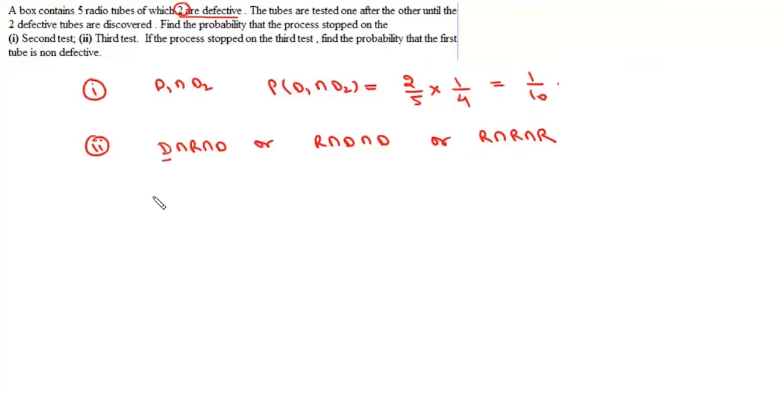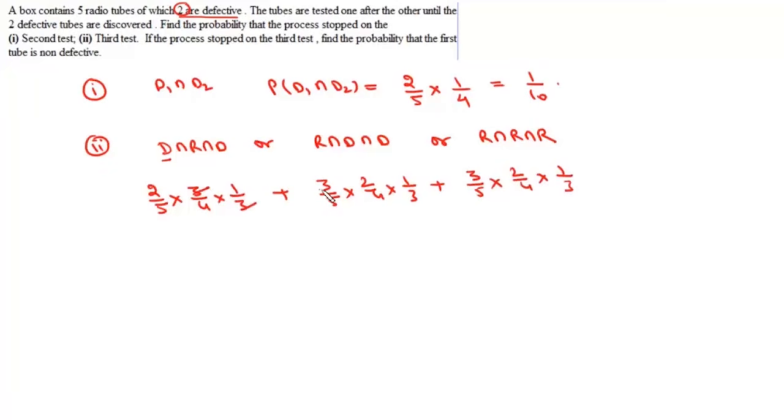Now, the first one is defective. This probability is 2 by 5. Getting a right one, probability is 3 by 4. Again defective, so it'll be 1 by 3, plus, now right is 3 by 5. Defective is 2 by 4. Again defective, 1 by 3, plus, now right is 3 by 5, then 2 by 4, and then 1 by 3.